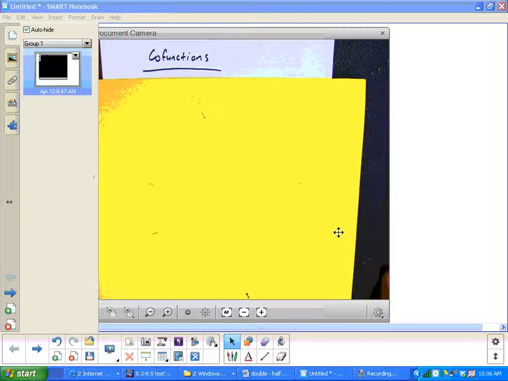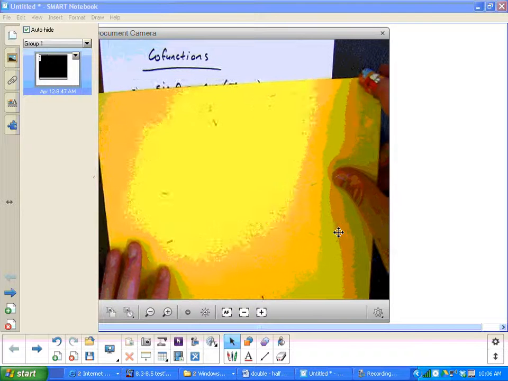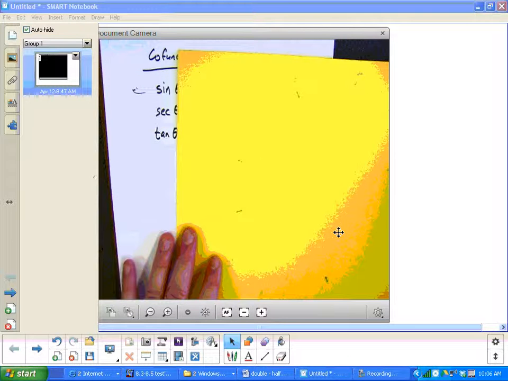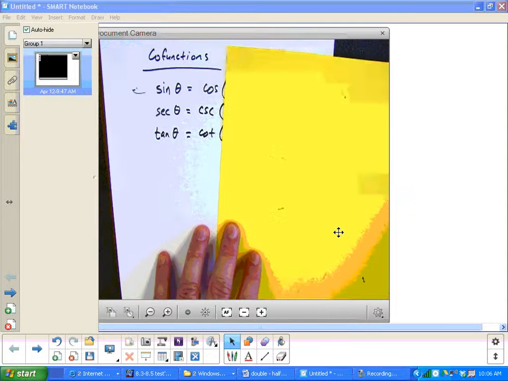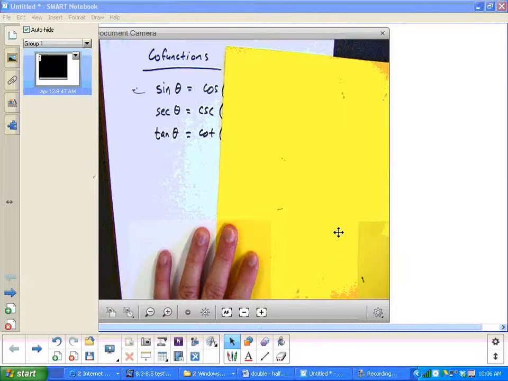Okay, the cofunction for secant is cosecant. Okay, but let's see, like this first one here. So you got sine, secant, and tangent. So their cofunctions are cosine, cosecant, and cotangent. But does sine theta always equal cosine theta? What do you have to do to make it equivalent? Right, subtract it from 90.